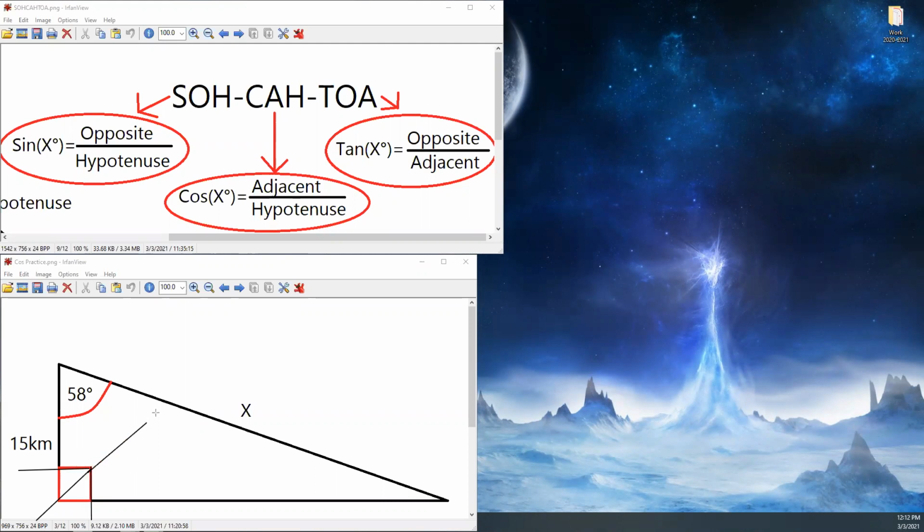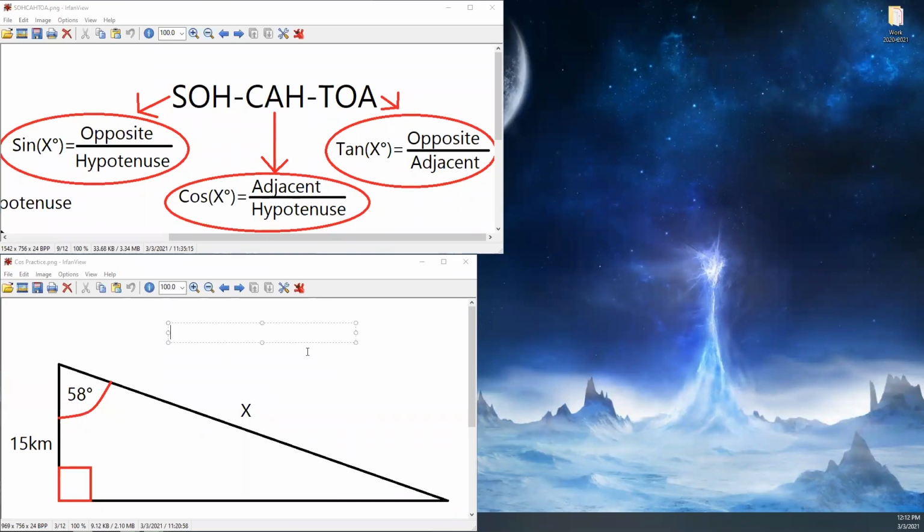So if we follow it along, boom, that's our hypotenuse. So x is our hypotenuse. If we don't have an opposite, then what is 15 kilometers? Well, if it's not across from the angle, it's next to it. It's adjacent. It's A. So we have A and H, we have cosine.